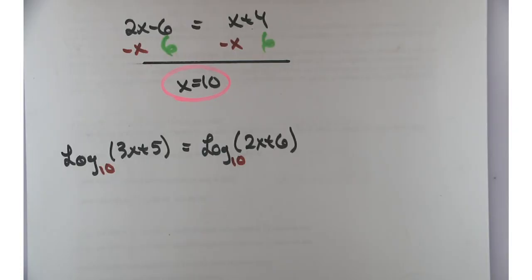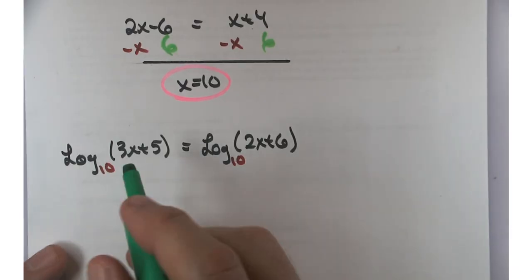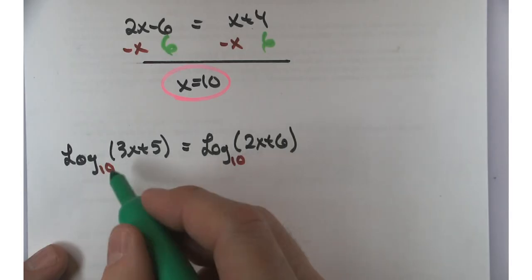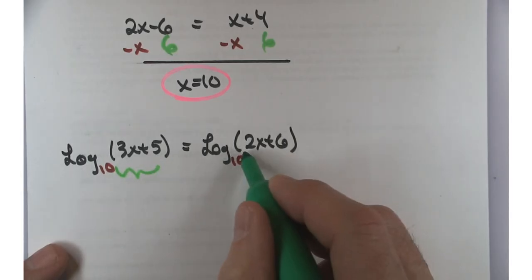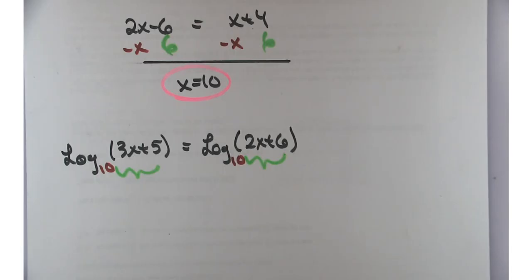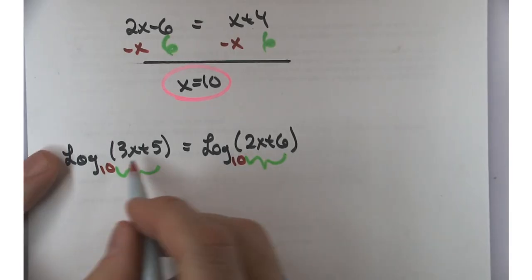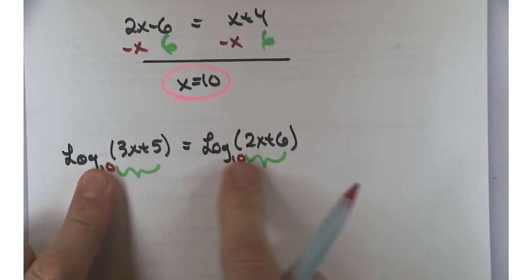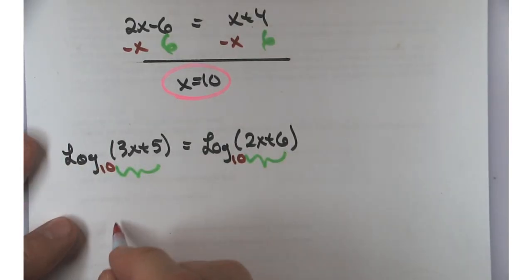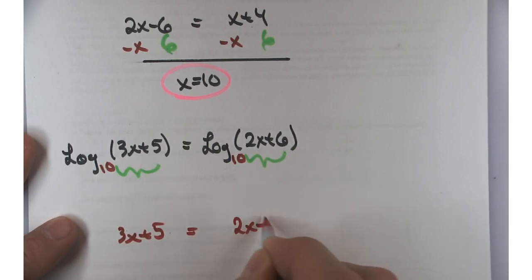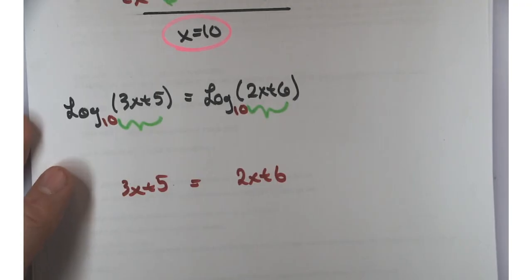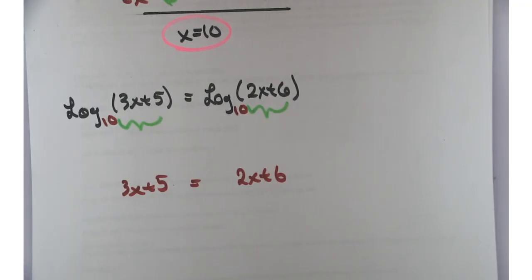What else looks like it has to be equal? The logs of these are equal, so these have to be equal. So it's just 3x plus 5 equals 2x plus 6. Wow, that one's not too bad. What from there?